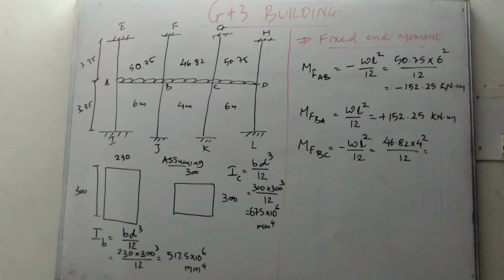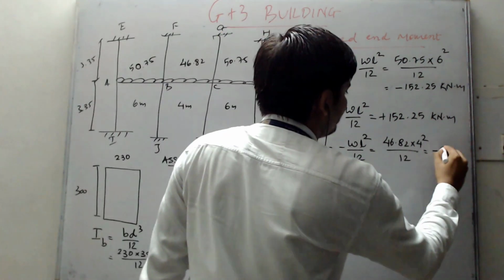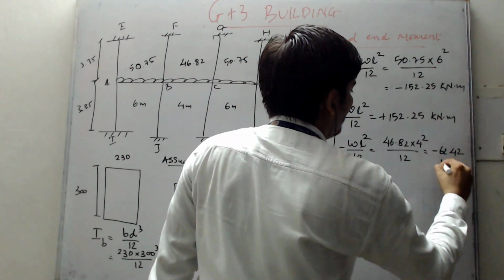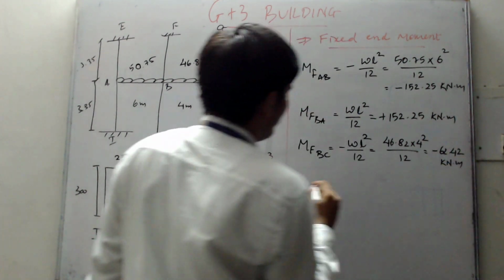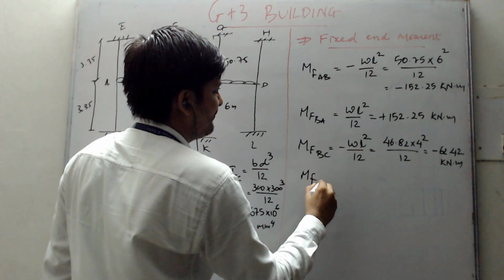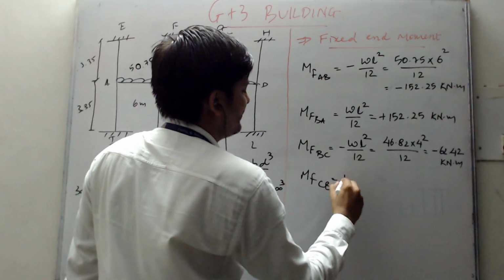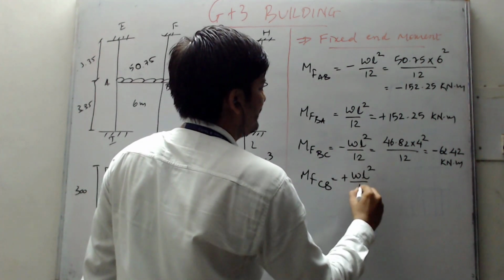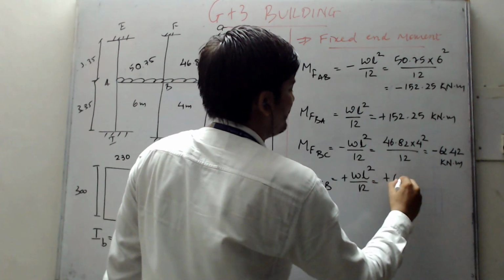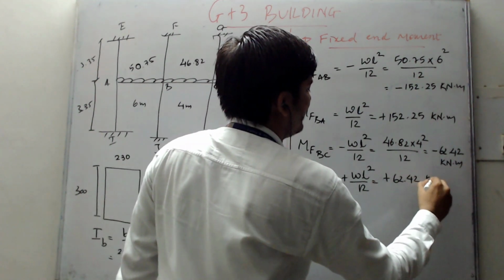So answer is minus 62.42 kilonewton into meter. Similarly, MFCB is plus WL square by 12. So the value will be plus 62.42 kilonewton into meter.